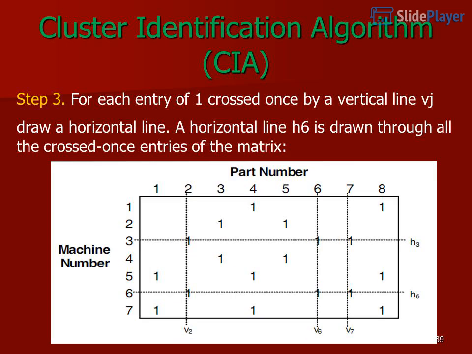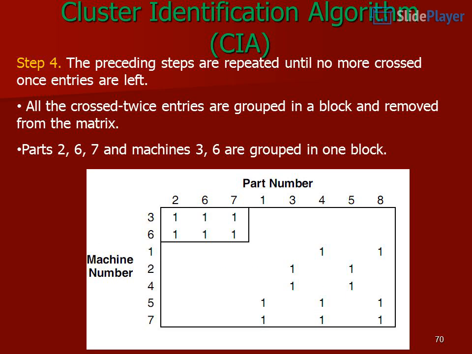Step 3. For each entry of 1 crossed once by a vertical line Vj, draw a horizontal line. A horizontal line H6 is drawn through all the crossed once entries of the matrix. Step 4.